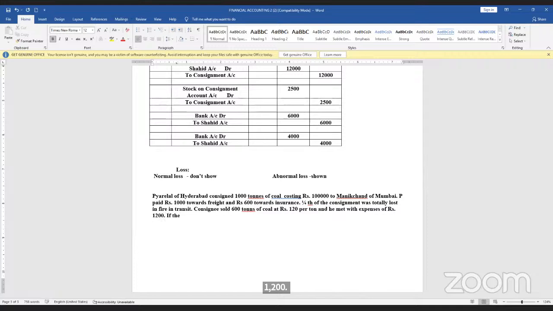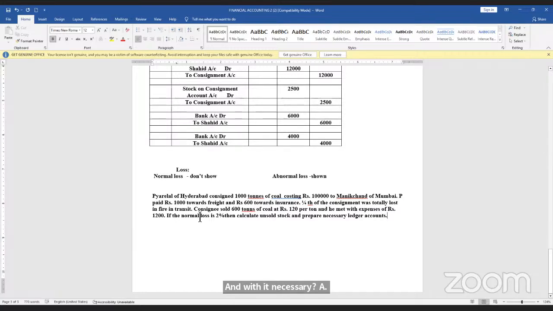If the normal loss or wastage is 2%, then calculate the unsold stock and prepare the necessary ledger accounts. This is the question given to you.